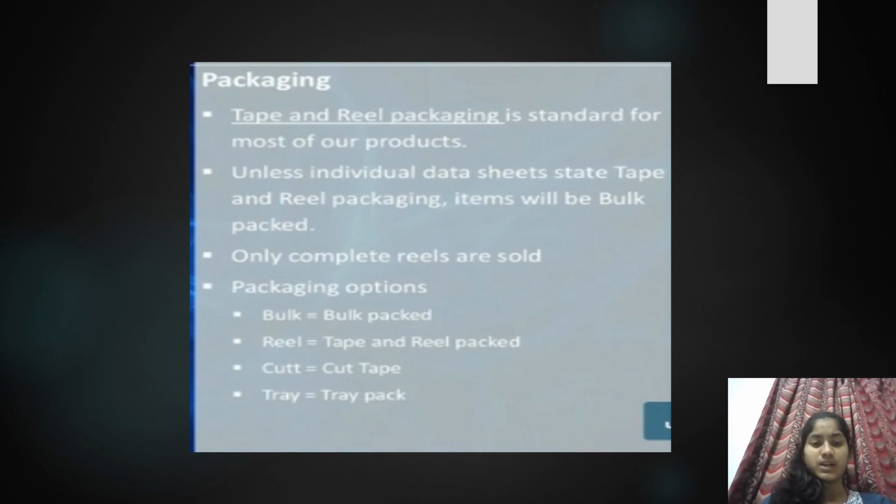Packaging options: bulk packed, reel, tape and reel packed, cut tape, tray pack. Now VCXOs are widely available and most are low cost electronic components while still providing an excellent level of performance within a wide variety of electronic designs.